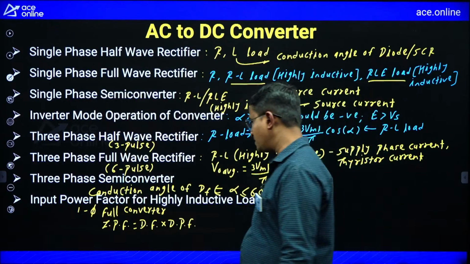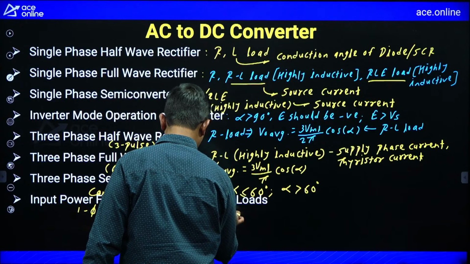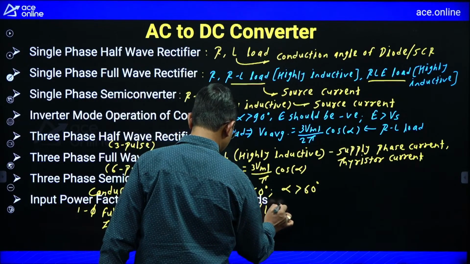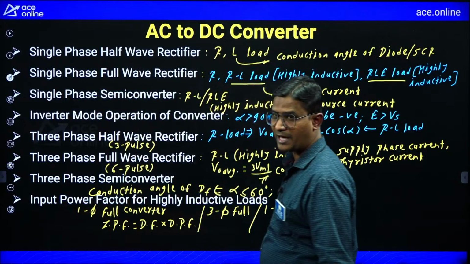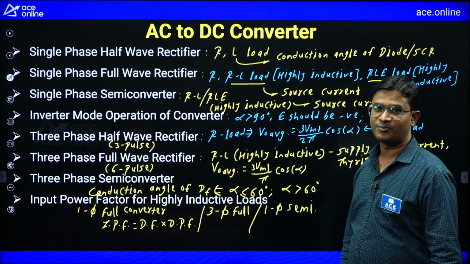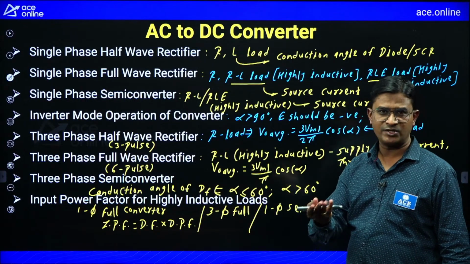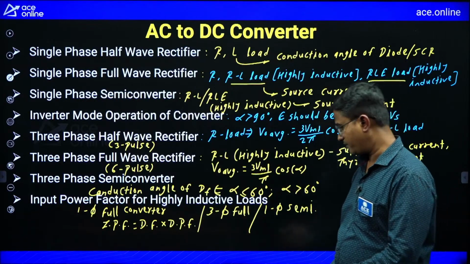Only important expressions you need to memorize are single phase full converter, 3-phase full converter and single phase semi converter. Directly they have asked the question, what is the input power factor of 3-phase full converter feeding highly inductive load if alpha is so and so? So please go through those expressions, those are important.